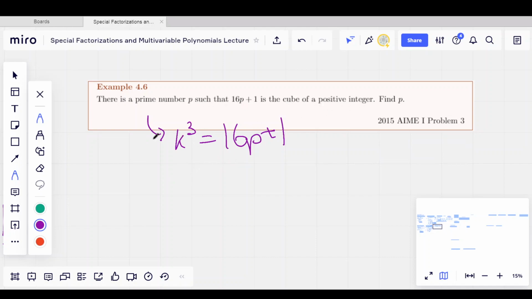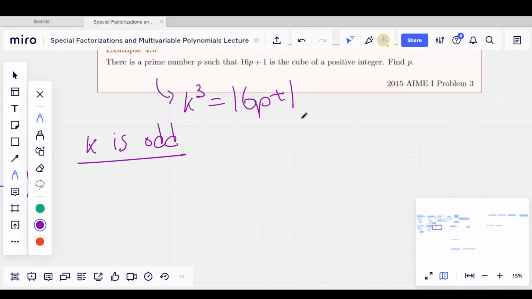So the positive integer, let it be k. So k cubed equals 16p plus 1. First note that because 16p is even, k is odd, because even plus 1 is odd. If k is even, then the right-hand side would be even, which is not true.